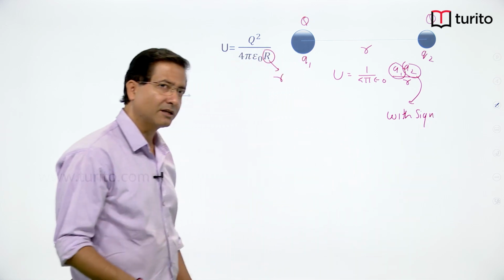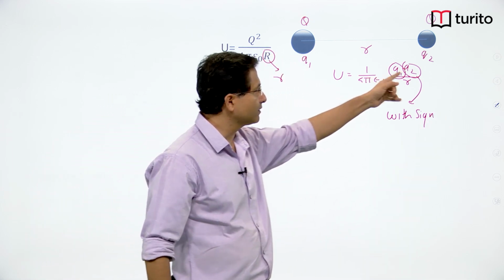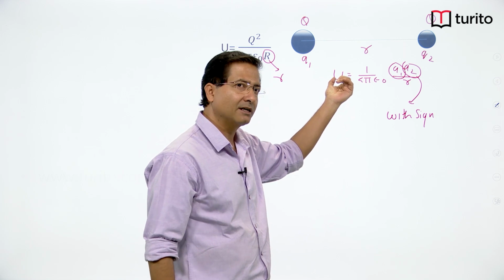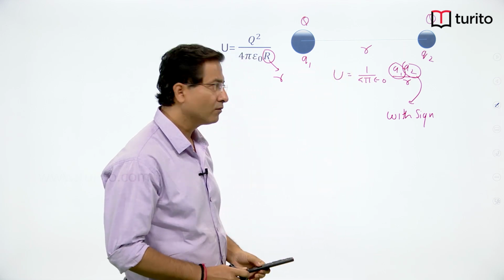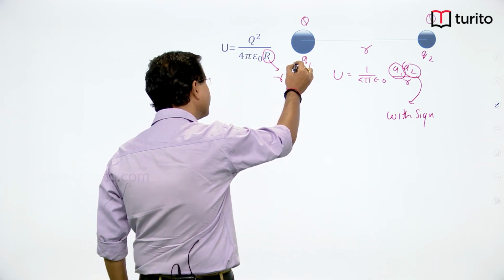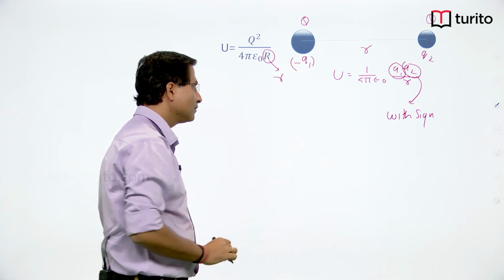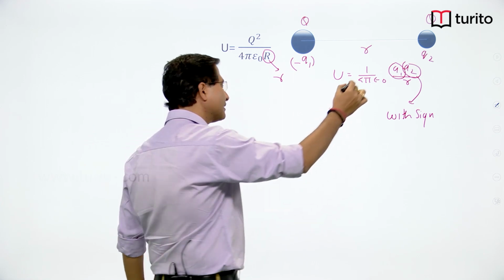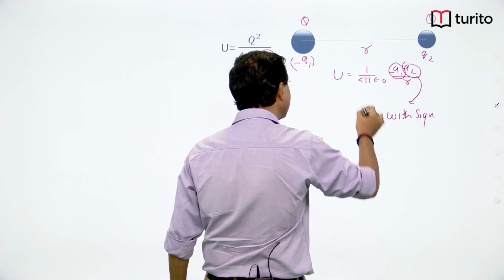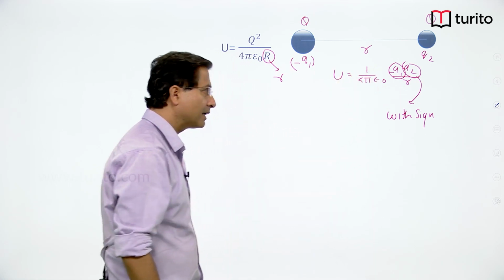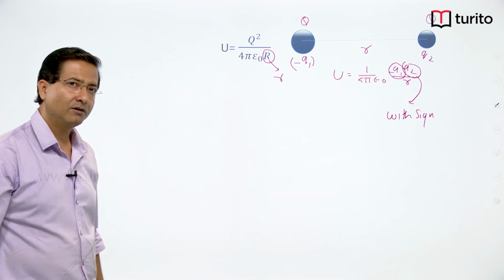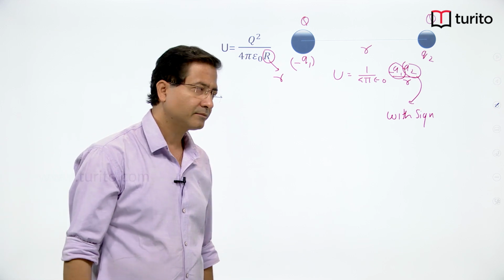If they are positive, positive into positive, this will give you a positive quantity, potential energy will be positive. If I take one positive, another negative, for example, if I take this one negative, so if I put a minus sign here, see, if I put this charge with sign, then this whole expression will become negative.